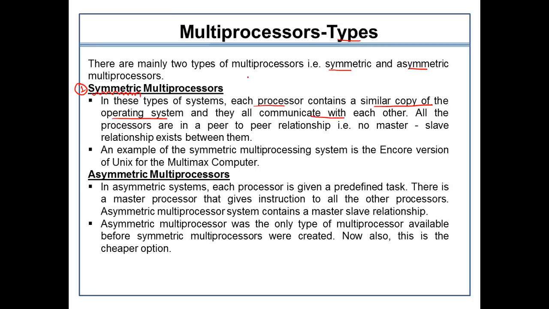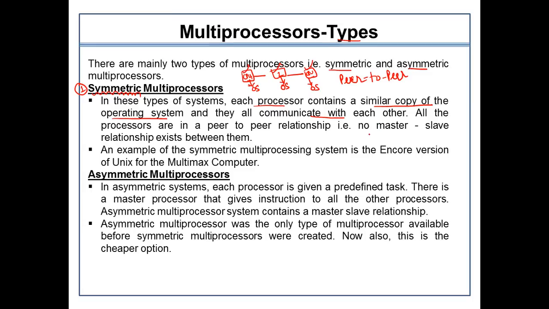All the CPUs, CPU 1, CPU 2, CPU 3, have to talk to the software, so their OSs are the same. The very first point is this, and they are in a peer to peer relationship with each other. This is the kind of relationship they share, meaning all are considered equal and they do their job on their own.